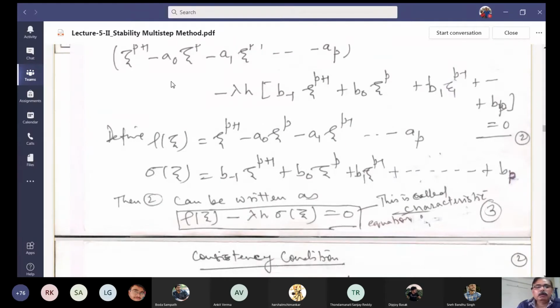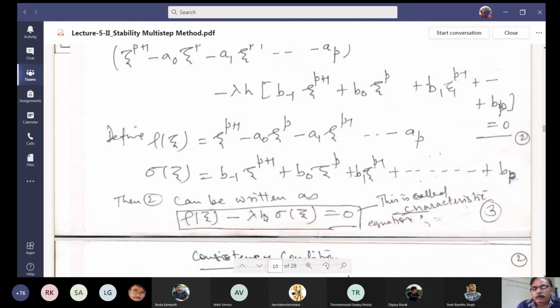So this whole difference equation we can write as rho xi minus lambda h sigma xi equal to 0. Later on we'll write that lambda h as h bar, so that we need not write lambda h again and again. This equation is called the characteristic equation.